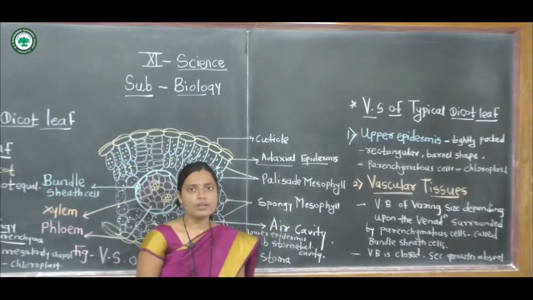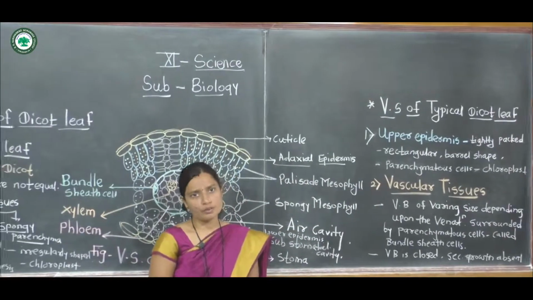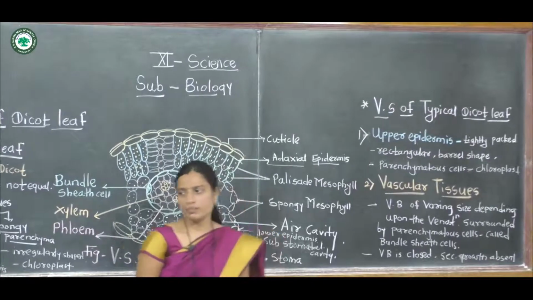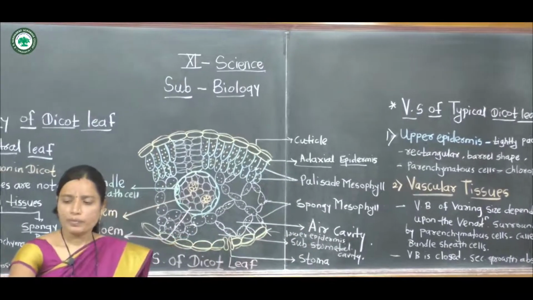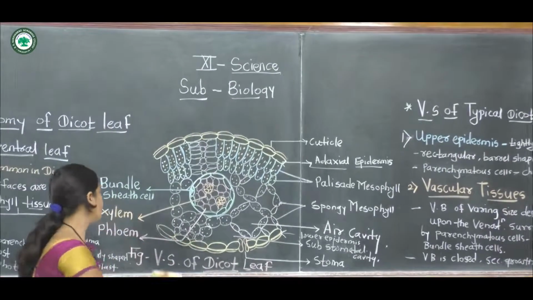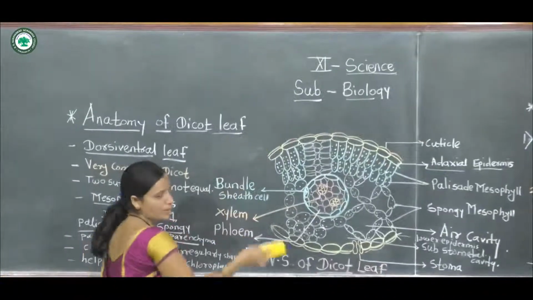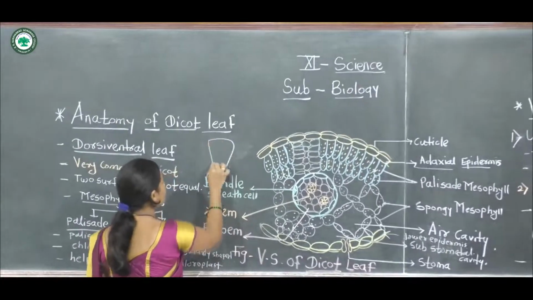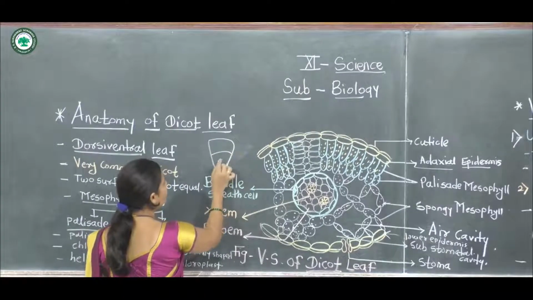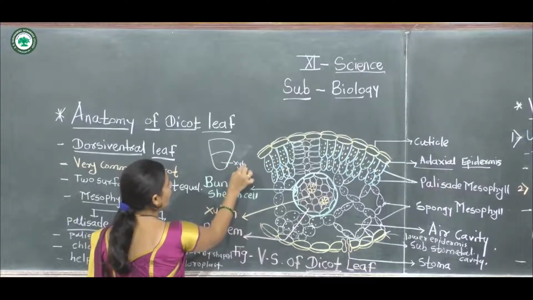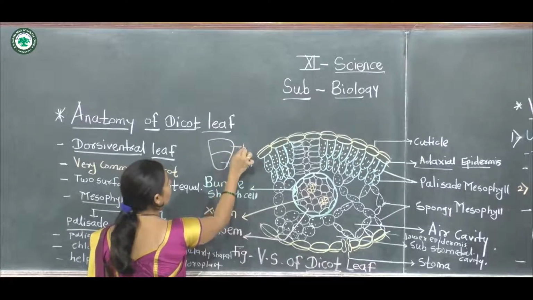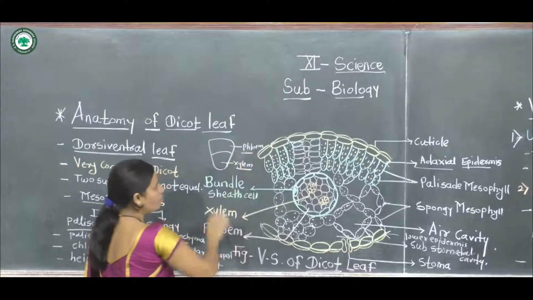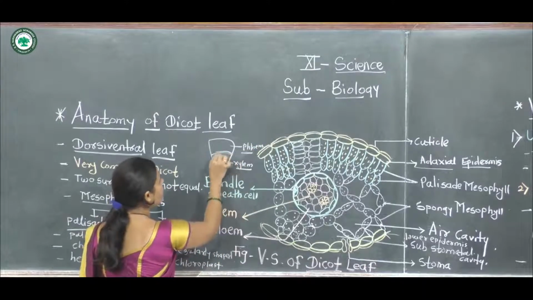But the vascular bundle in the dicot leaf is a closed type of vascular bundle. Closed means the cambium is absent. In these closed vascular bundles only the xylem and phloem tissues are found, but cambium is absent.